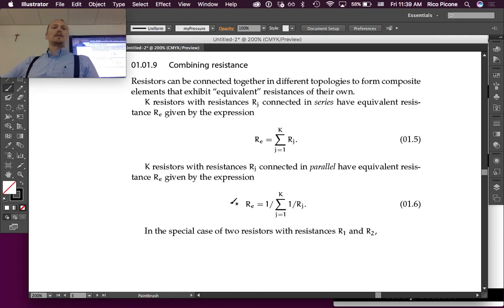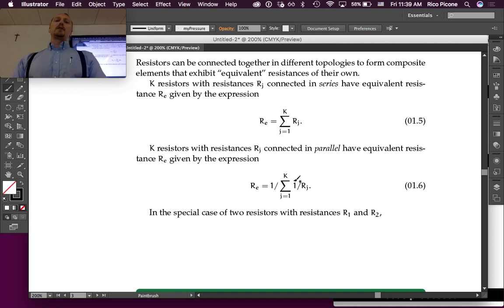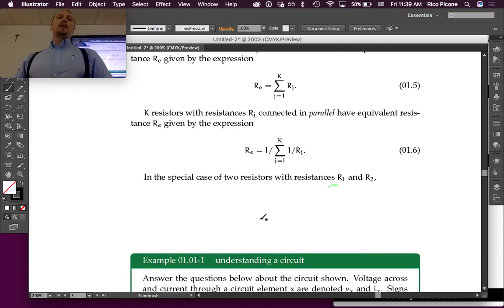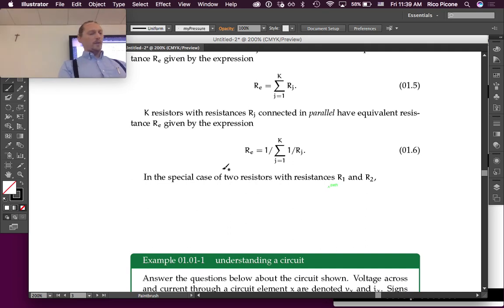K resistors with resistances Rj connected in parallel have equivalent resistance Re given by the expression 1 over the sum of 1 over Rj. So in the special case of two resistors with resistances R1 and R2, what will the formula give us?